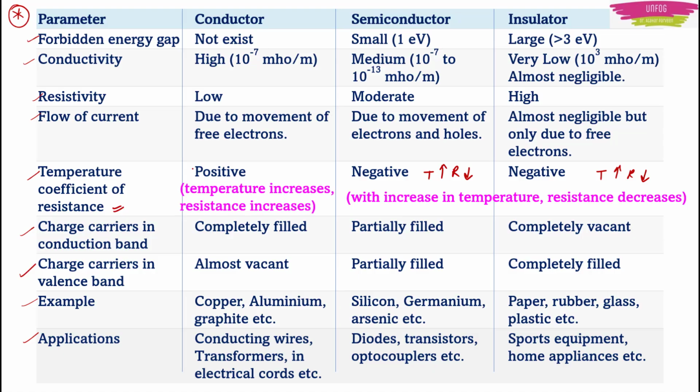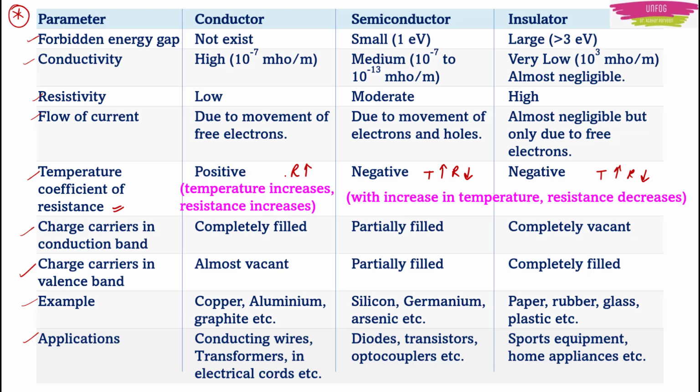Why do we say like that? Because when you increase the temperature, electrons are already freely moving. They gain more and more energy with increase in temperature. Now they were doing their job, they were moving. Now you are giving more energy, what will they do? They will collide with each other. Now because these freely moving electrons start colliding, the smoothness of the flow of current will get disturbed and the resistivity will be increased.